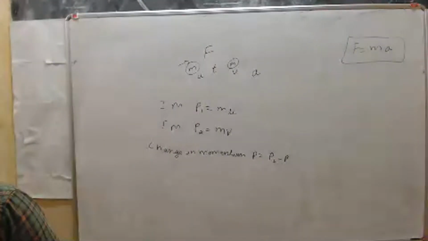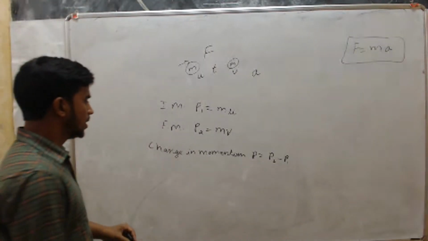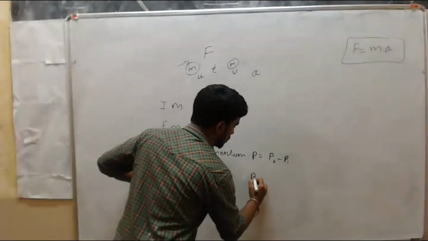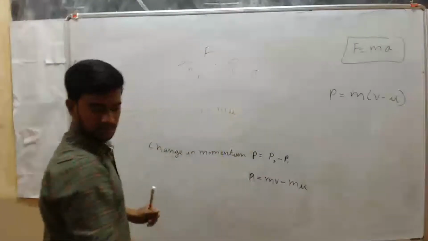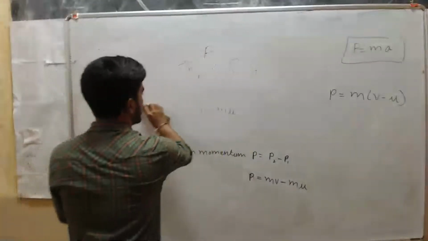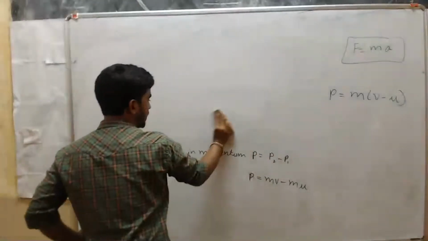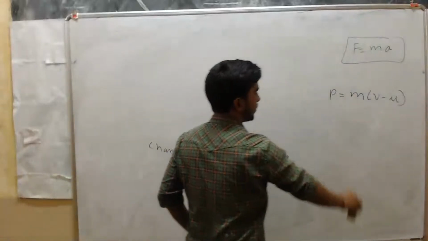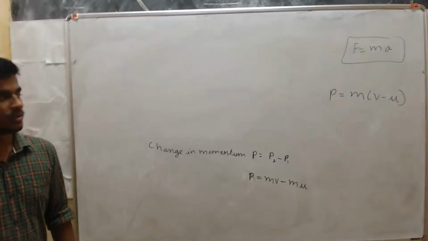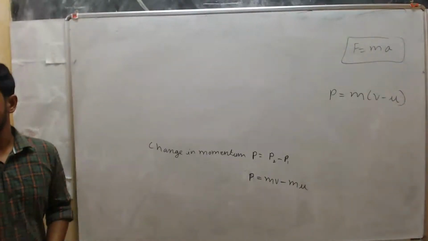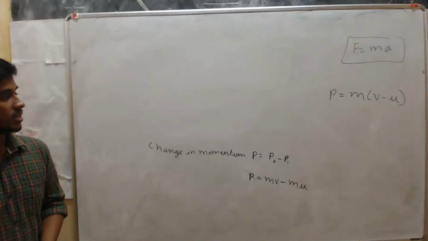So the change in momentum is delta P equals m into v minus m into u, which is m times v minus u.